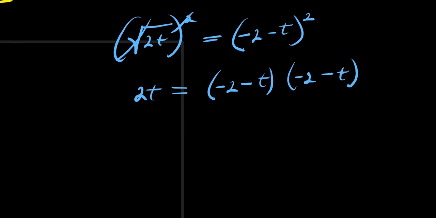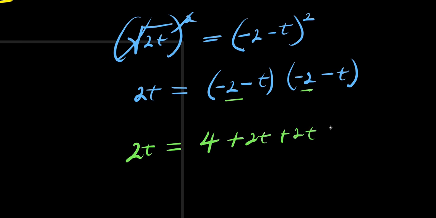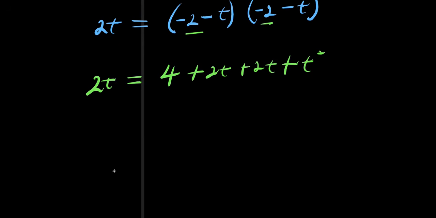So from here, we have 2t equals, multiply this out: this is 4 plus 2t plus 2t plus t^2. So we have 2t equals 4 plus 4t plus t^2.